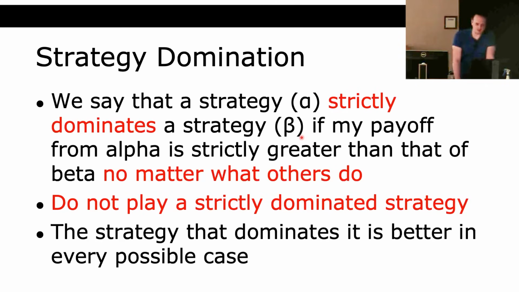So the strategy that dominates it is better in every possible case, no matter what. Okay? Now, just keep in mind, because this is a little bit confusing, we are not saying that there is a dominating strategy that's always best. Because we could have 30 actions, right? We're not talking about the one action that's the best. We're just talking about identifying a strategy that another strategy is always better than.